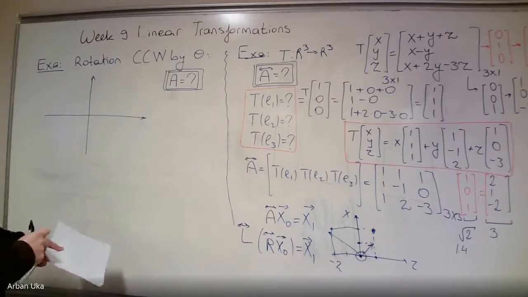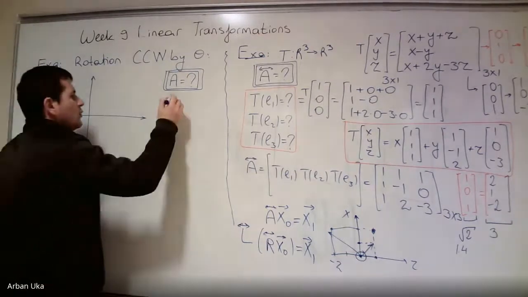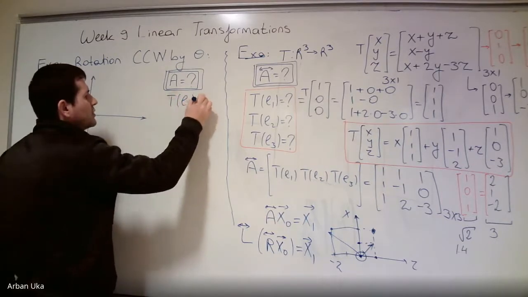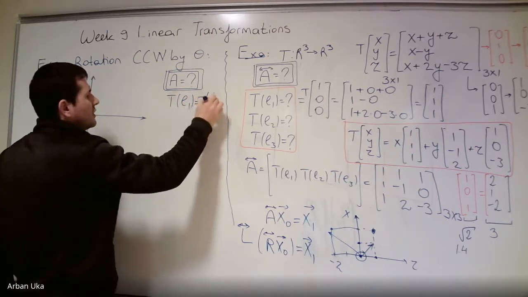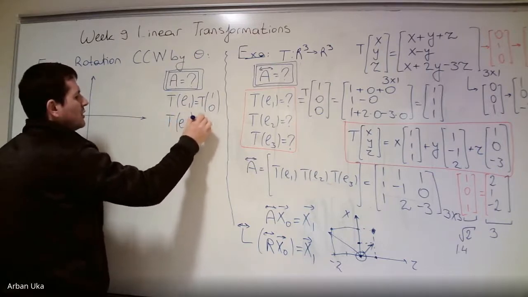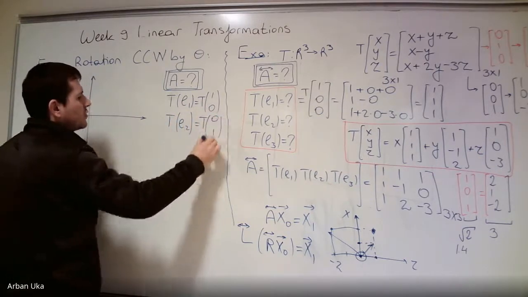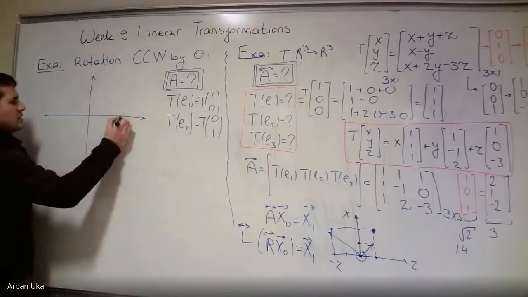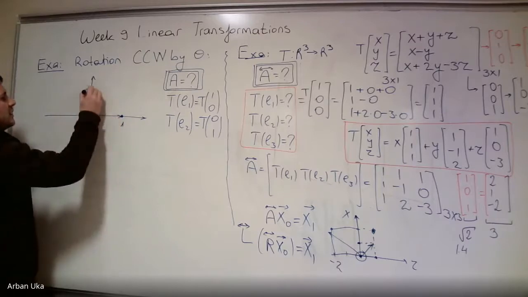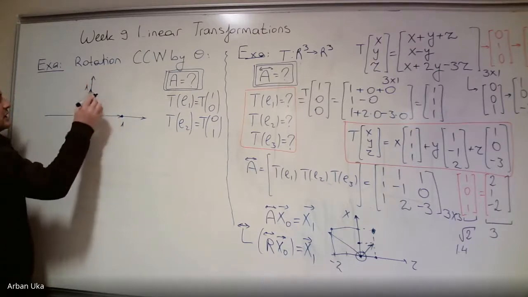If we are in R squared, that means we have to look for what is the transformation on E1, which is the transformation on 1, 0, and what is the transformation on E2, which is the transformation of 0, 1? Here we have this vector, and here we have the other vector.